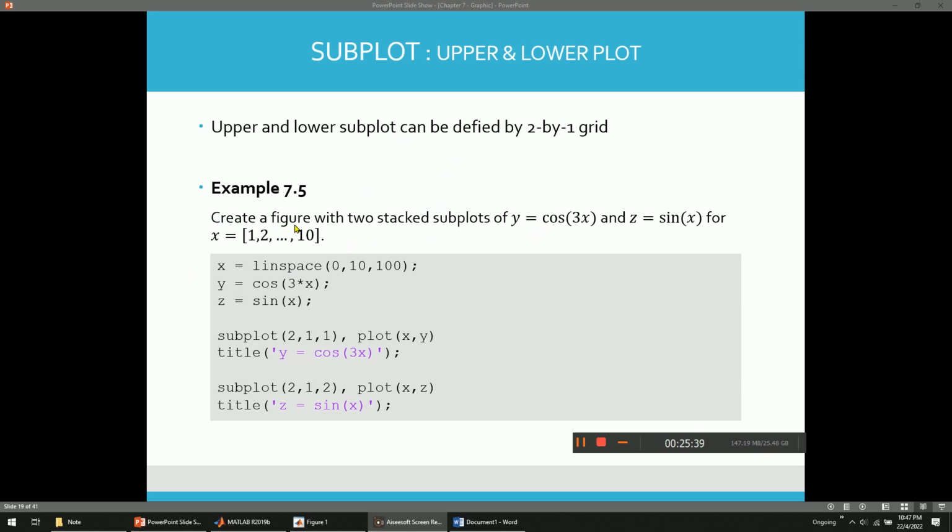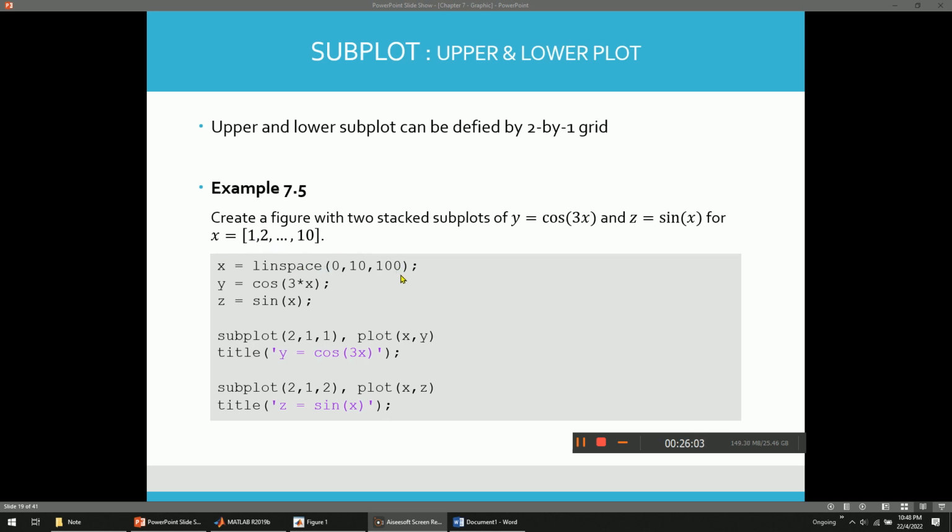Create a subplot of y equals cos 3x and z equals sin x for x equal to 1 until 10. Of course, x equals linspace from 0 until 10. It should be specified already, but it depends on the question.